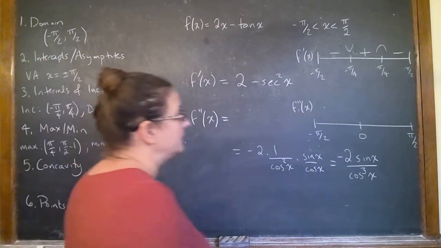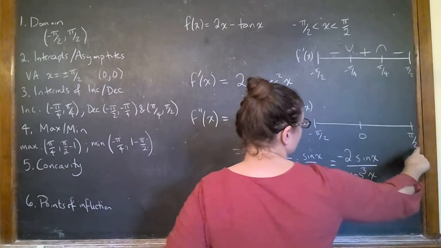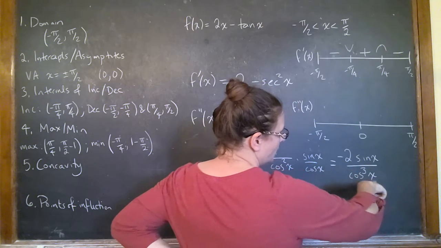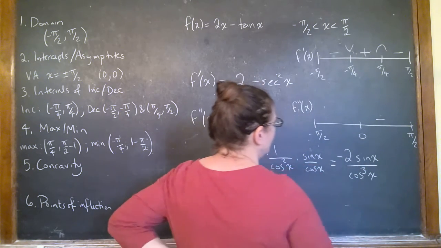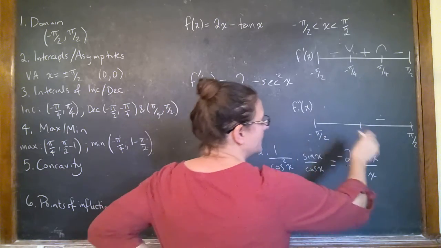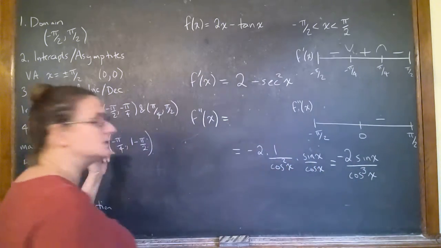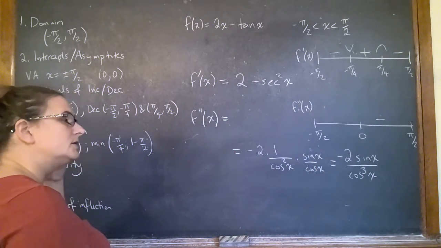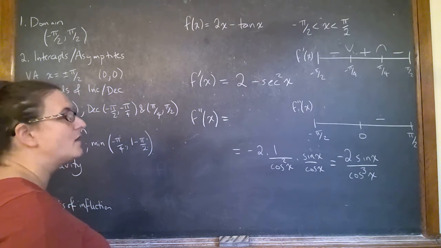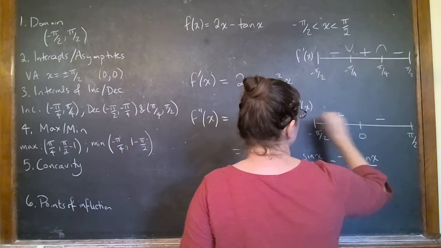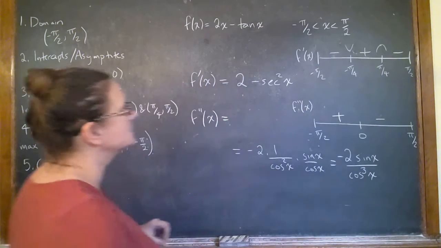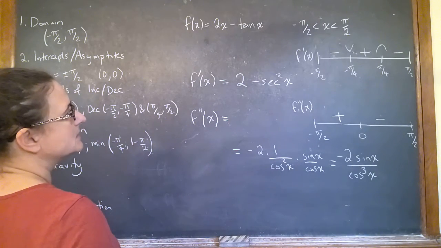If I'm between 0 and pi over 2, sine x is positive and cosine x is positive, but this is negative, so it's going to be negative. If I'm between minus pi over 2 and 0, I can think about that as being in the fourth quadrant. So cosine is positive, but sine is negative. So this would be plus. Okay, so that looks like it's making some sense.